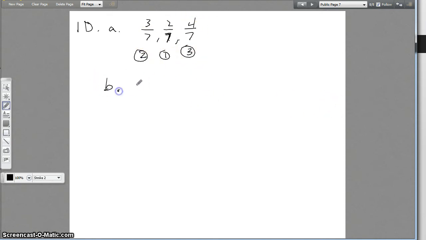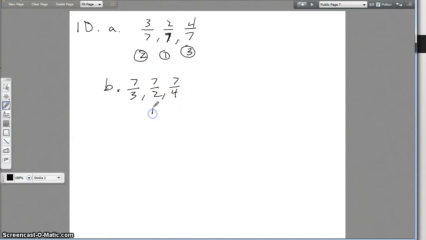For part B, we're given 7/3, 7/2, and 7/4. Now here we have a common numerator, but our denominators are all different. Since we have the same number of pieces, because the numerator tells you how many pieces you have and the denominator tells you the size of your pieces, we know that halves are the biggest pieces, fourths are our smallest pieces.